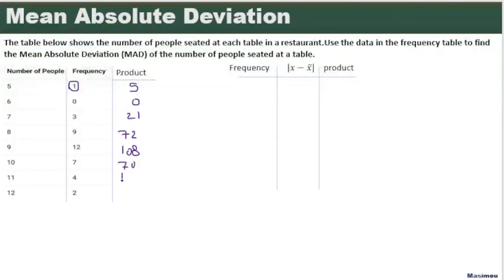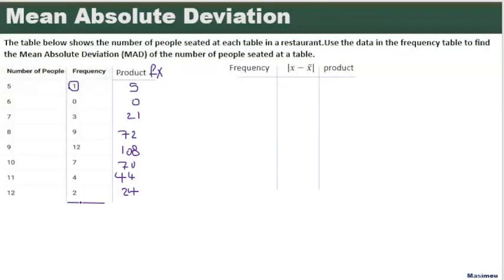Here I have 44. And here I have 24. So it's the product of f and x.